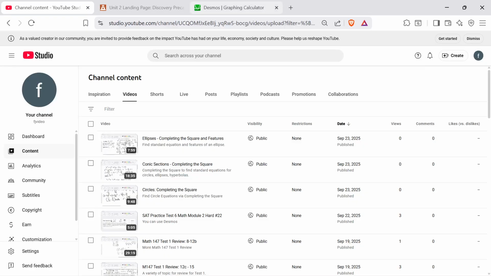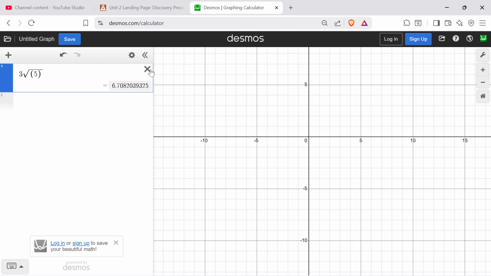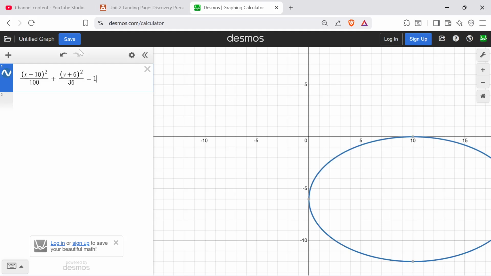And if I go to Desmos, I'm going to put in this equation, (x - 10) squared. I'm just checking it, because at homework time I could check things. Maybe you don't have a calculator during the test, but if you do have a calculator, you might as well check it to make sure you got the right equation.